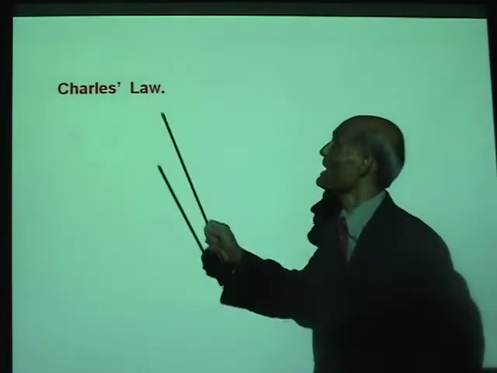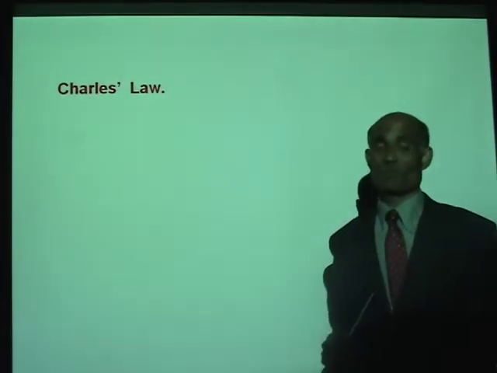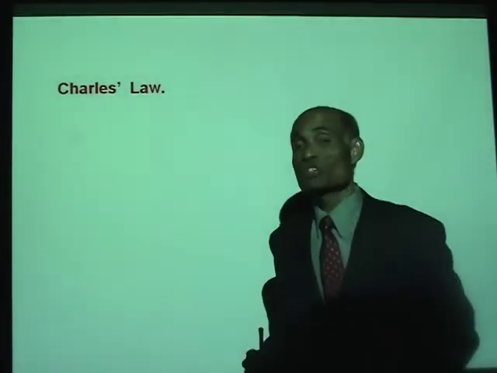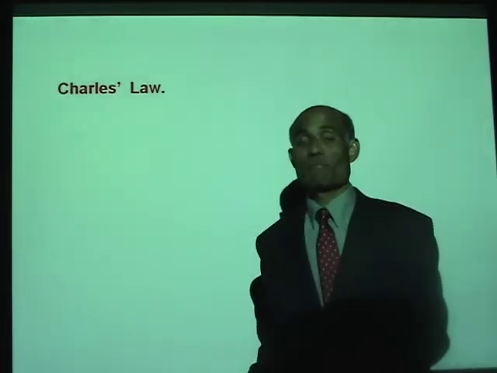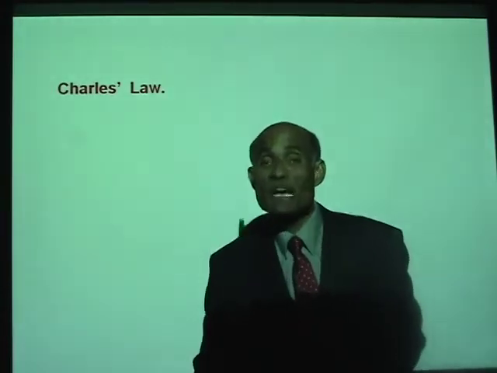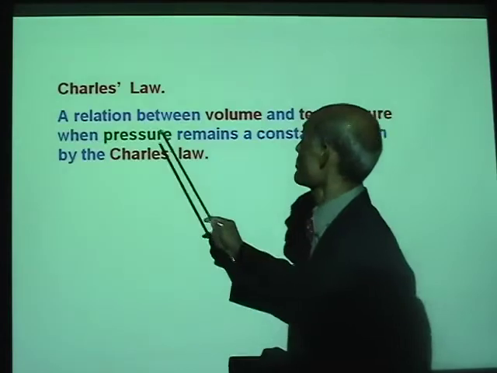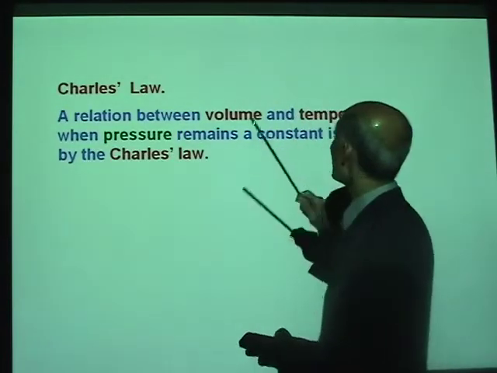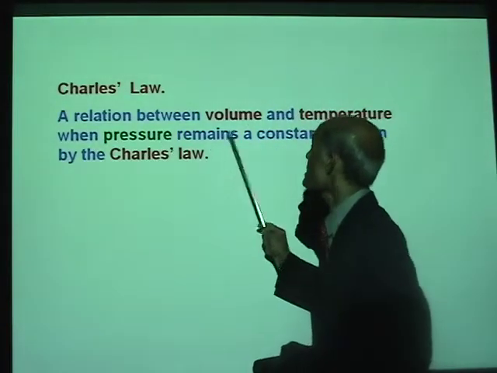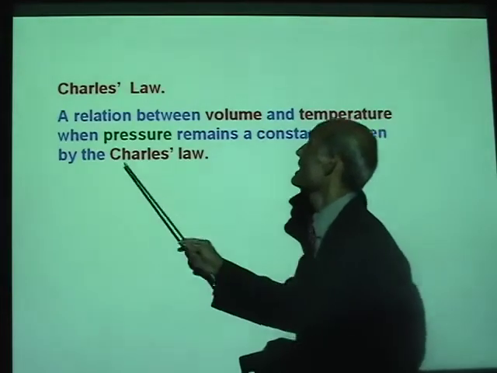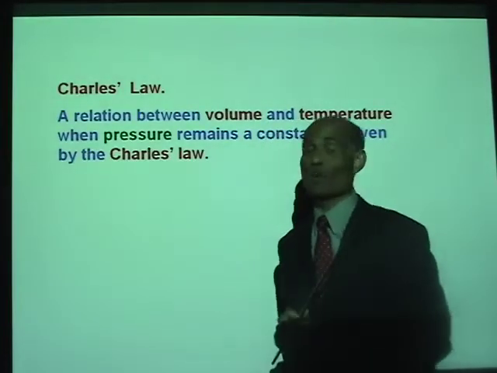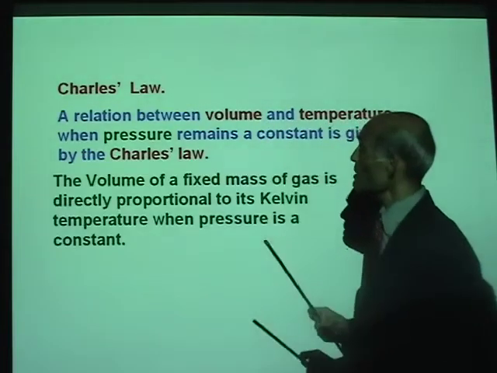Alright, let's now talk about Charles' law. Well, now you know what Charles' law is going to be. This time, you're going to keep the pressure a constant. A relation between volume and temperature when pressure remains a constant is given by Charles' law. And what is the law?